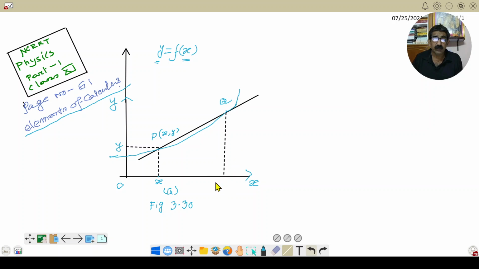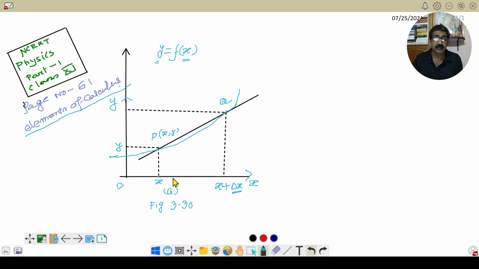So this point is x plus delta x, and the point on the y-axis is y plus delta y. Remember, delta x is the increment of x.